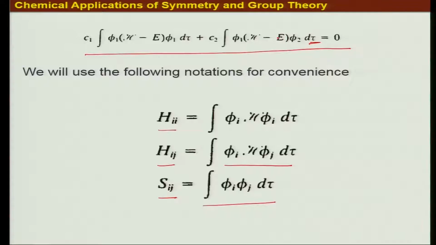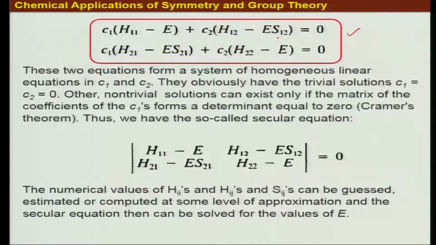So you have E and the integration of phi 1 phi 2, and therefore you have E S12, right? In that way you get this term, and the other terms we have already explained.